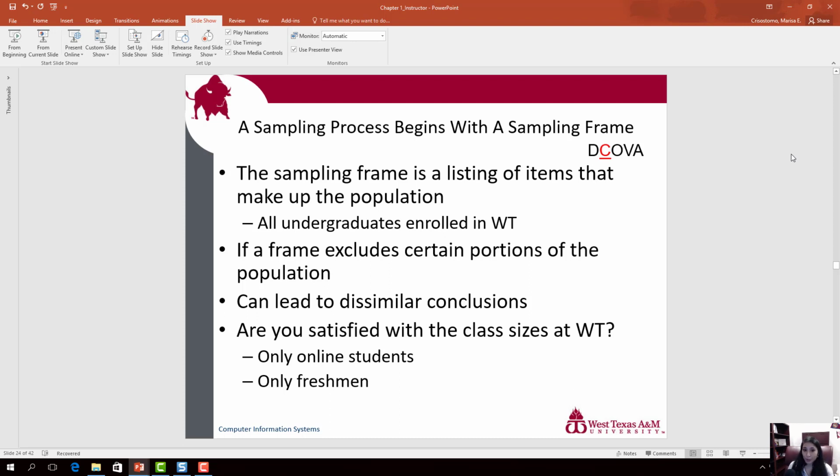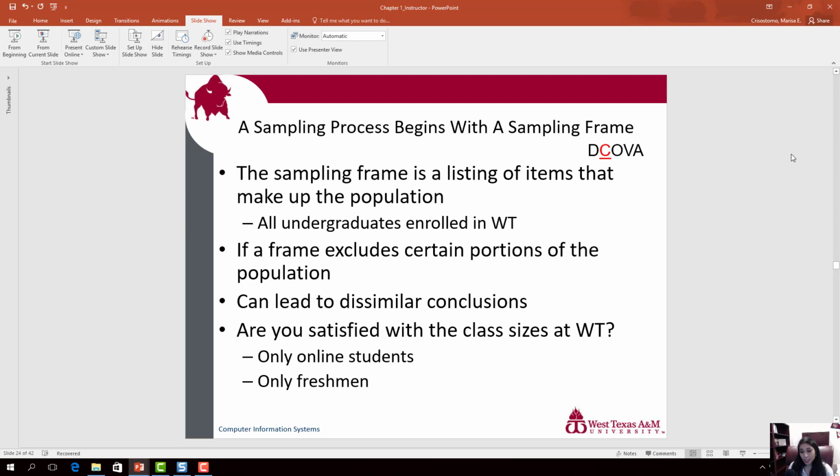Another example might be if your sampling frame only contains freshmen. At bigger universities, a lot of times the introductory courses have lots and lots of students. For example, at OU, the Introductory to Psychology course, as well as the Zoology course, contain 250 to 300 students.